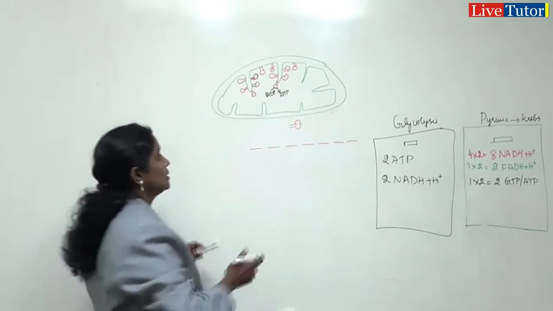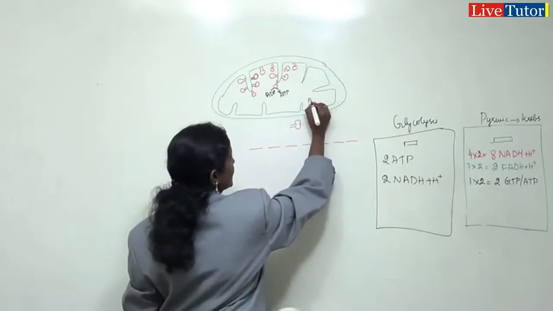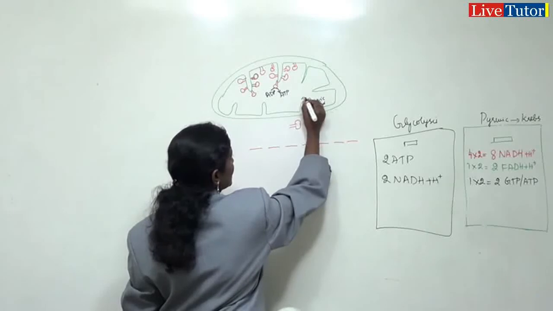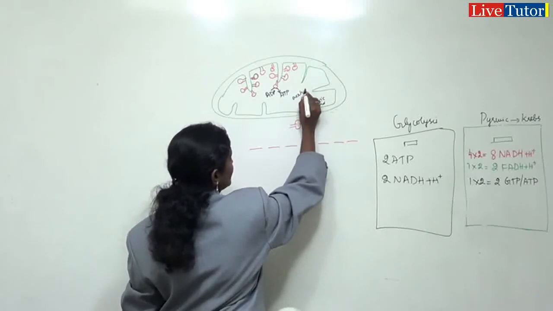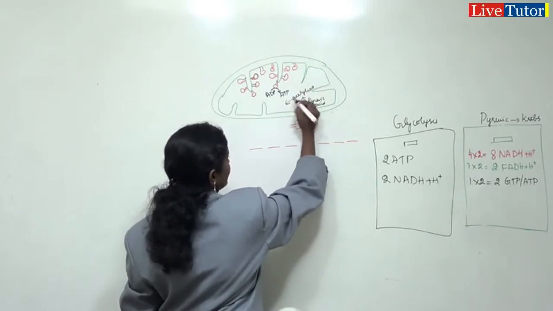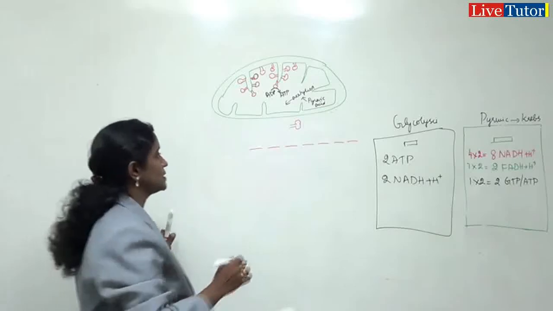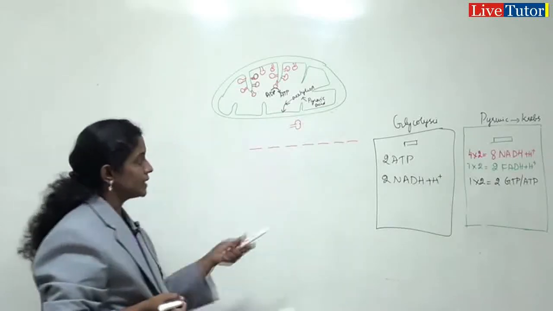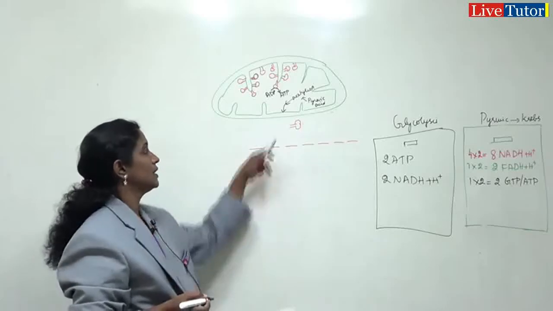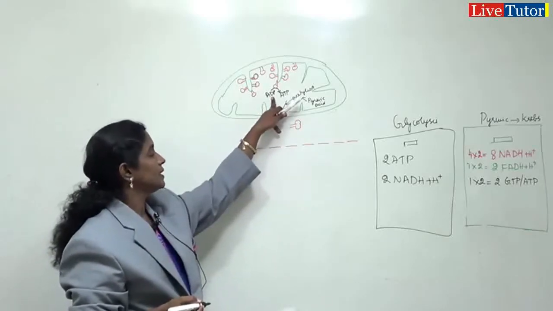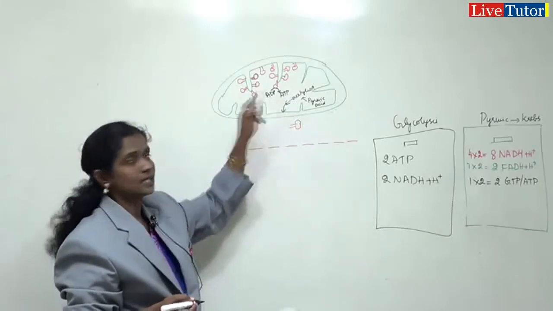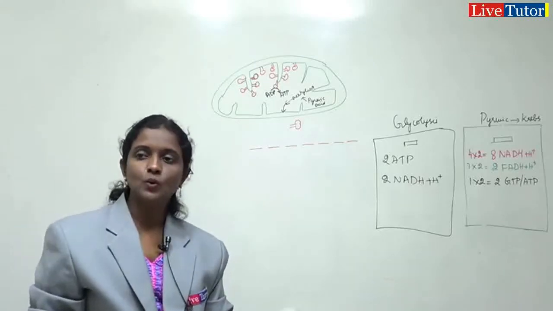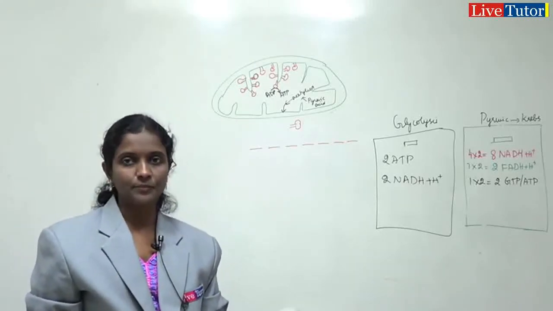Here pyruvic acid came, and then it got converted to acetyl CoA. From the acetyl CoA it gave out carbon dioxide, and finally it is coming here and taking these NADs and FADs, and it is going to convert them into ATP. There is going to be a shift in which the reducing equivalents get converted to ATP. Are you all there?